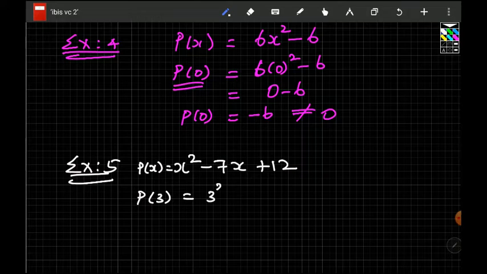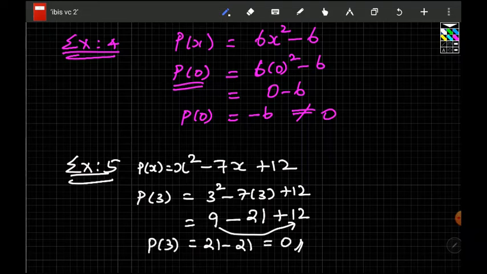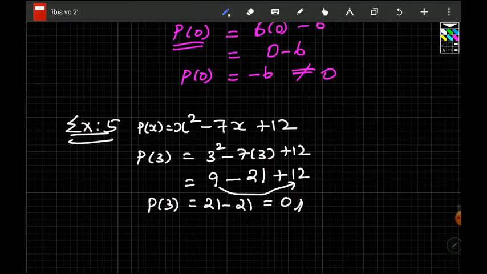So it is 3 square minus 7 into 3 plus 12. 3 square is 9, minus 7 into 3 is 21, plus 12. 9 plus 12 is 21, so 21 minus 21. This is equal to 0. So p of 3 is equal to 0. You see this is a polynomial with degree 2. Then let us try to find out p of 4 also for this question.